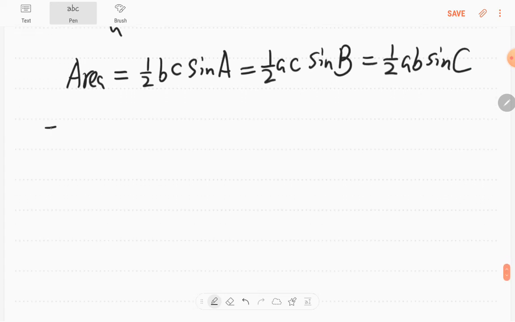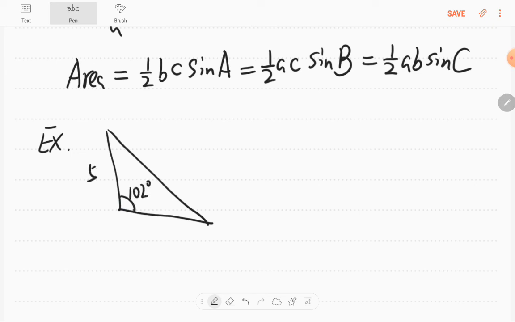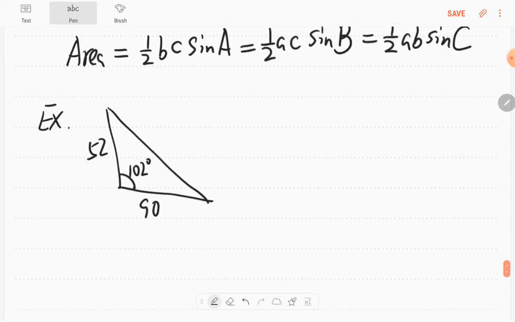Okay, so now let's look at this one. If we have a triangle with a 102 degree angle, one side of 52 units, and another side of 90 units, what is the area?